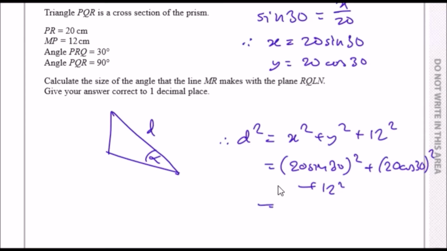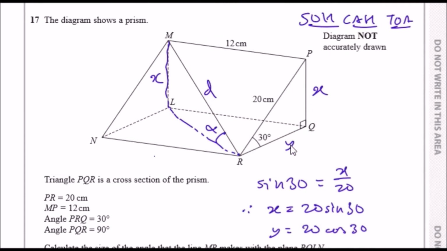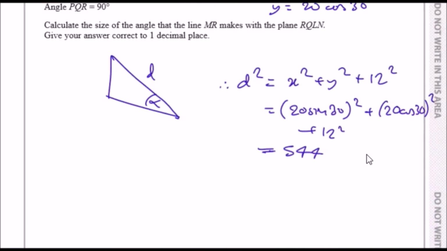Okay, it's going to take some time. Okay, this gave me 544. I hope that's okay. Let's just check everything's alright. 20 cos 30. Yep, looks fine to me. And that means d must equal root 544. So I'll just leave it as that, root 544, just to make the equation easy.